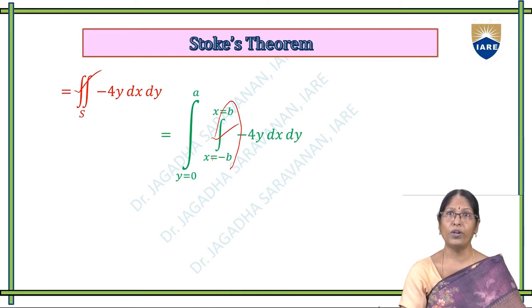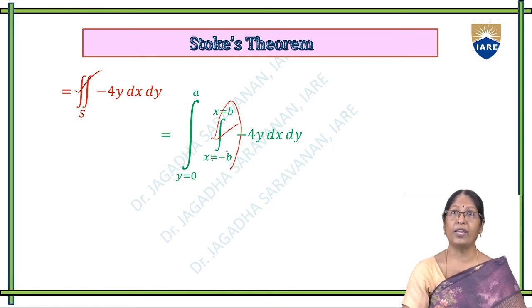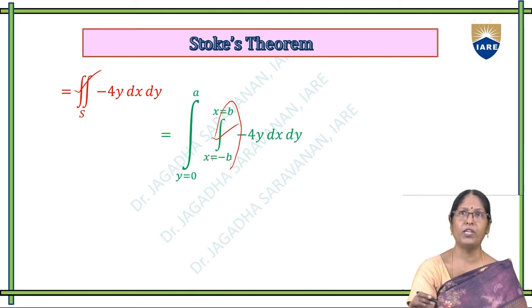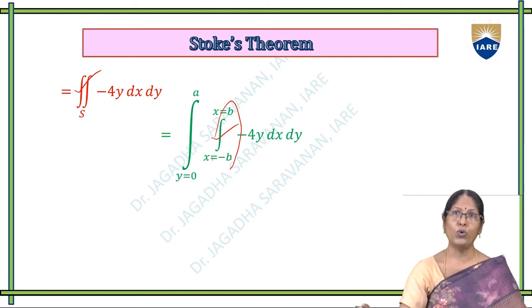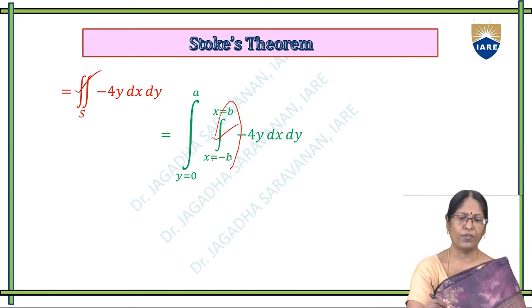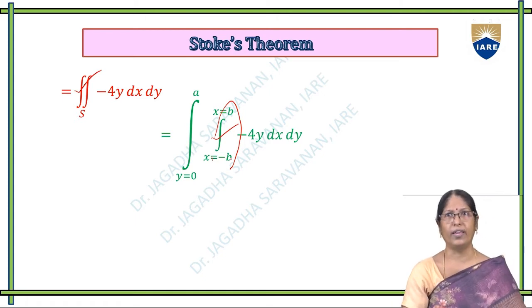This is the bounded region condition which is given in our problem. So for x we have taken the interior integration, the limits from minus b to b, whereas the outermost integration is from 0 to a, of minus 4y dx dy.